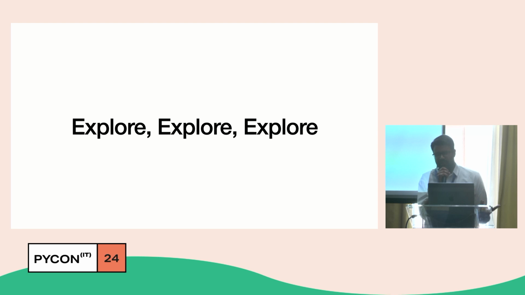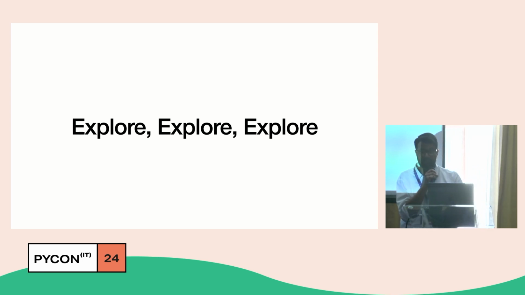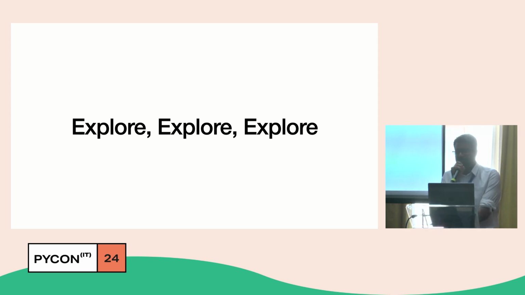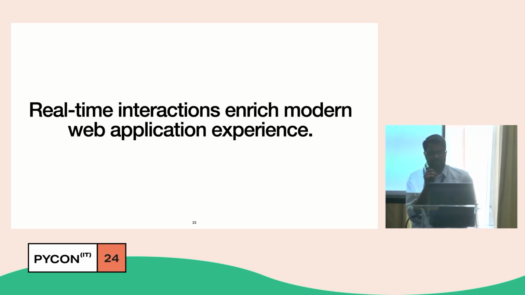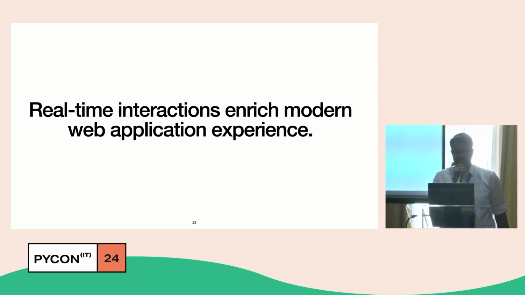And I also heard in another talk that it's actually more progressive than saying, hey, let's stop shop, let's switch everything to async and then build the new cool features, but rather giving more and more value as we move to new things. Now, real-time interactions, as everyone knows, enrich the modern web application experience.